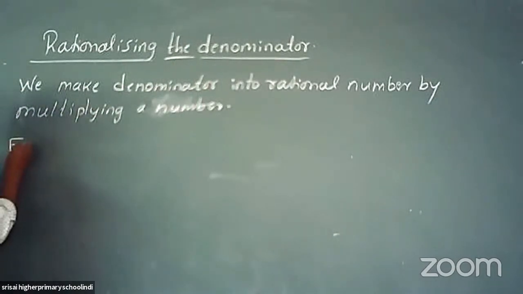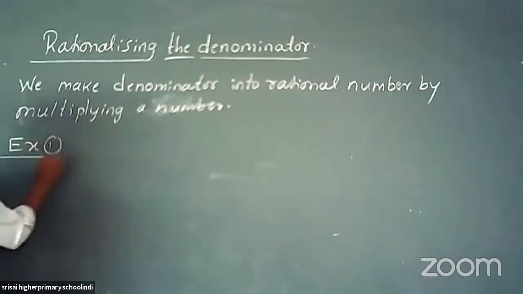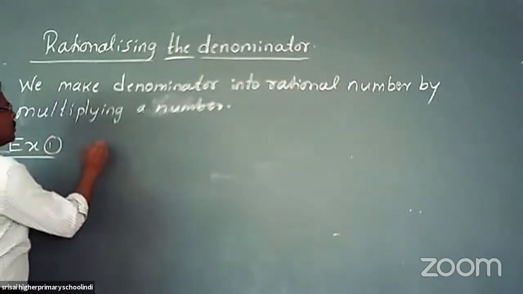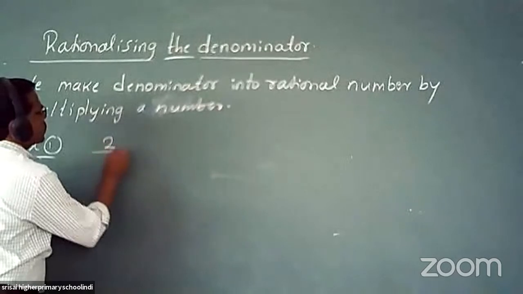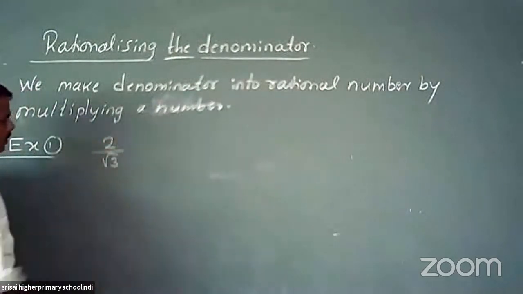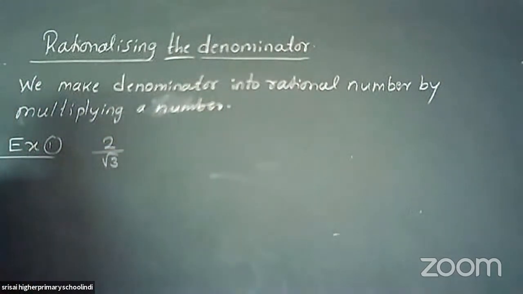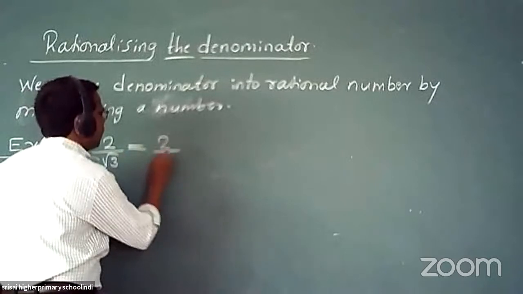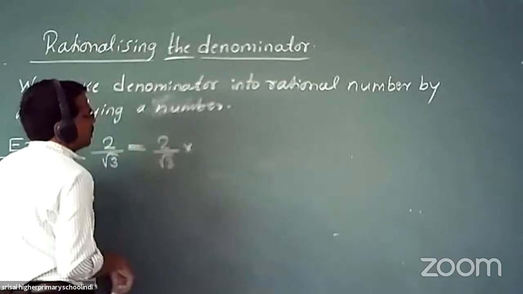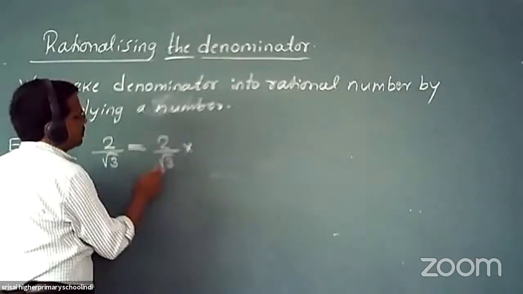So one example. Example 1: 2 divided by square root of 3. Denominator is irrational now. I want to make it rational. So what I'll do, I'll multiply by a number.